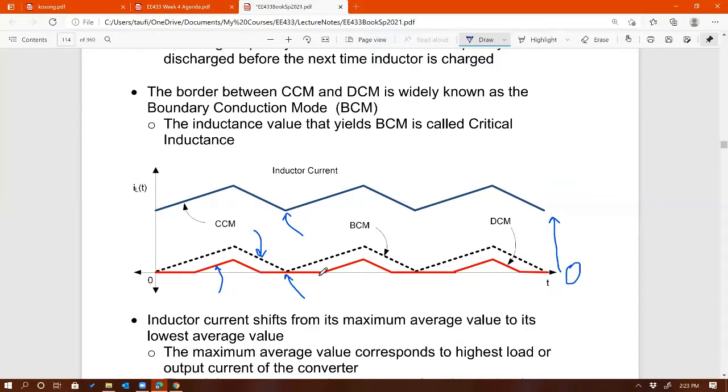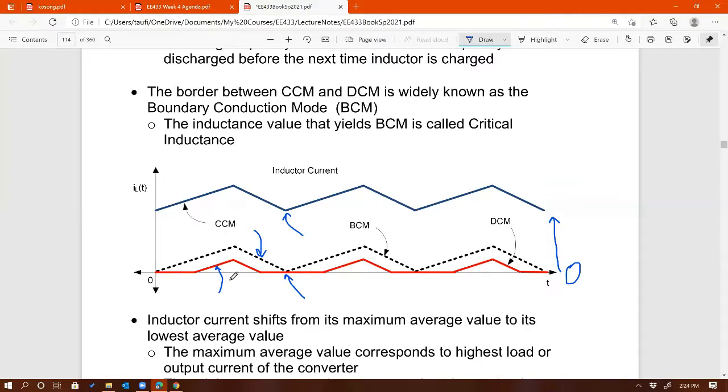And this discontinuity, this 0 segment, means that when we discharge the inductor, we discharge it to the point that there is no more energy left in the inductor. That's why it reaches 0, and it stays 0. There's no more energy left in the inductor until we turn the switch on again. Then we turn off the switch, and again we fully deplete the energy in the inductor until it reaches 0 and stays at 0, and so on and so forth.